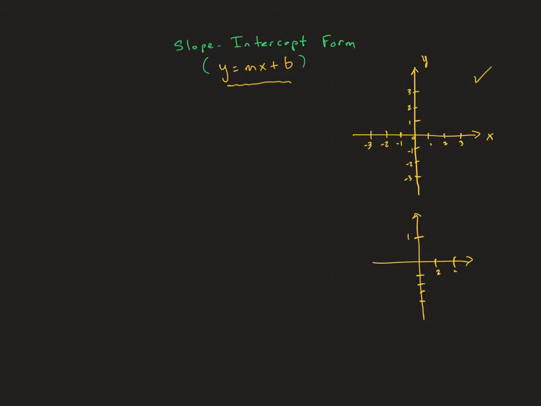Or if I had 1, 3, 7, because the space in between here is 1 unit, the space in between here is 2 units, and the space in between here is 4 units.